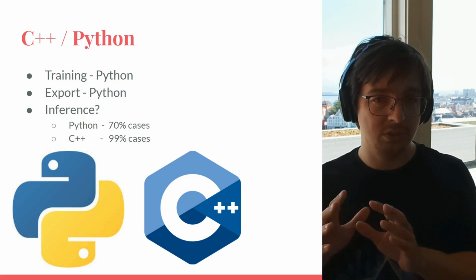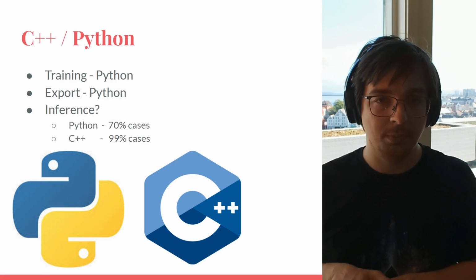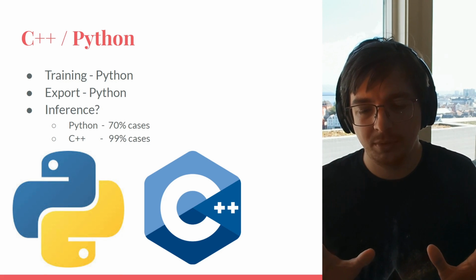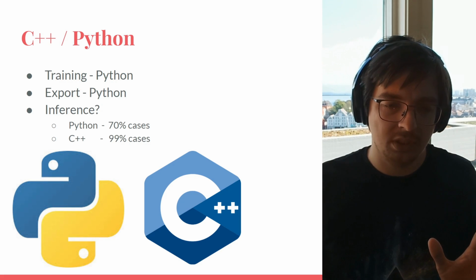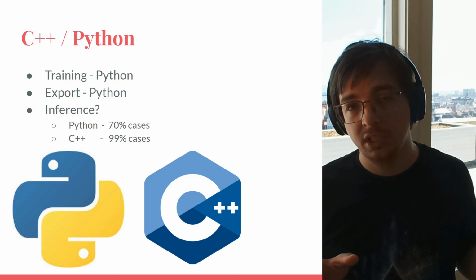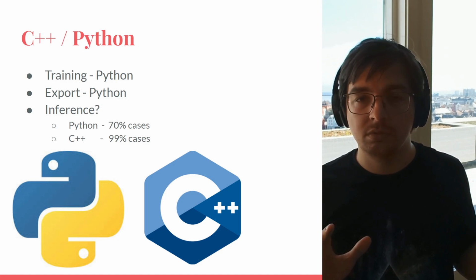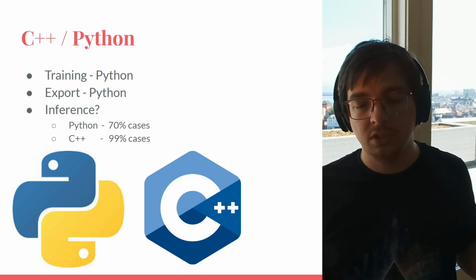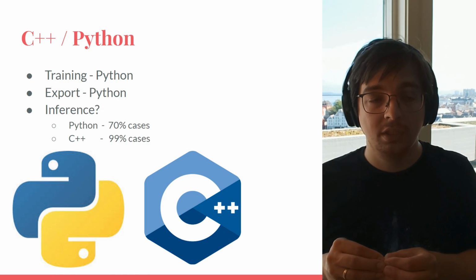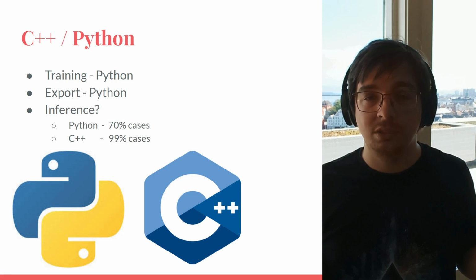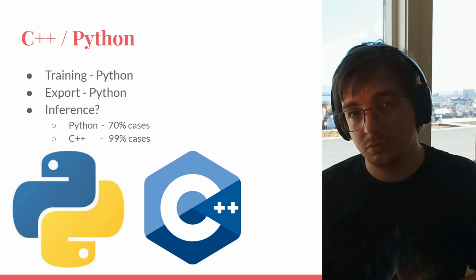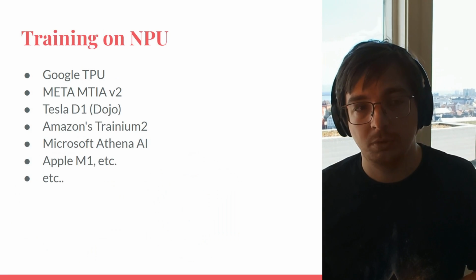For a lot of boards, you can run inference only in C++. Like 99% of boards, I think even 100% of them, support native C++ inference. But when we speak about Python inference, just a few boards can run Python. And the smaller your board, the closer to a microcontroller, the lower the probability that there will be Python support. So you need to remember this when you're choosing your NPU and how to run your models.